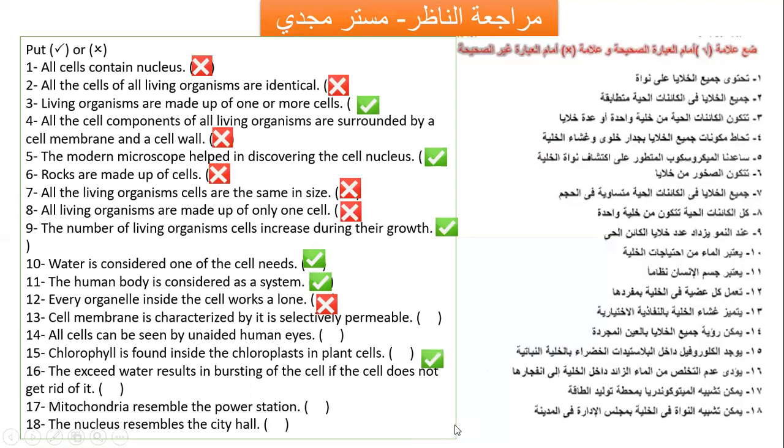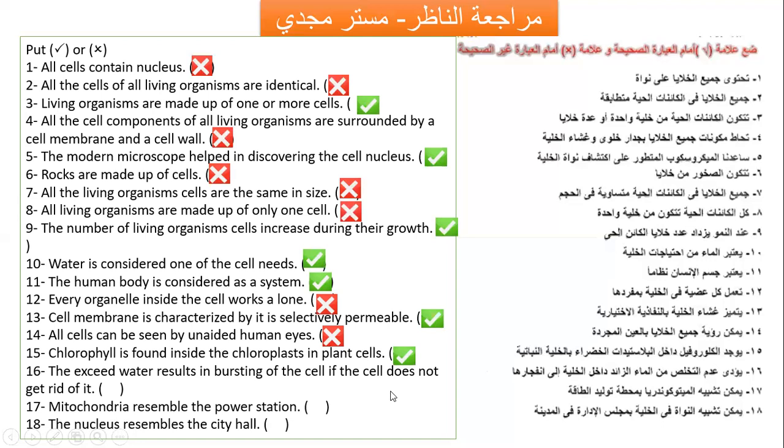Yes, that's true. All cells can be seen by the unaided human eye? Not all cells, only the unfertilized bird egg cell. Chlorophyll is found inside the chloroplasts in plant cell. Yes, we have said it many times. Excess water, it means much water, results in bursting of the cell if the cell doesn't get rid of it.